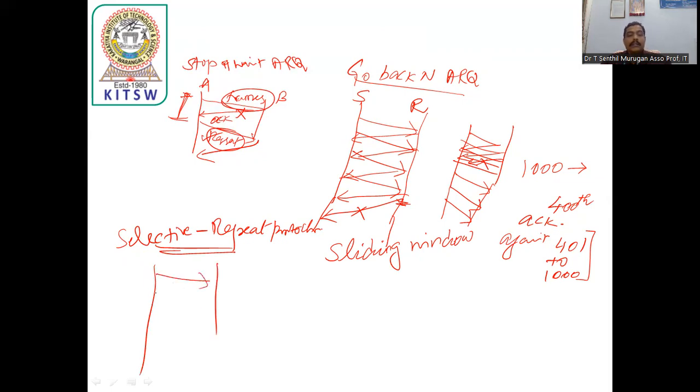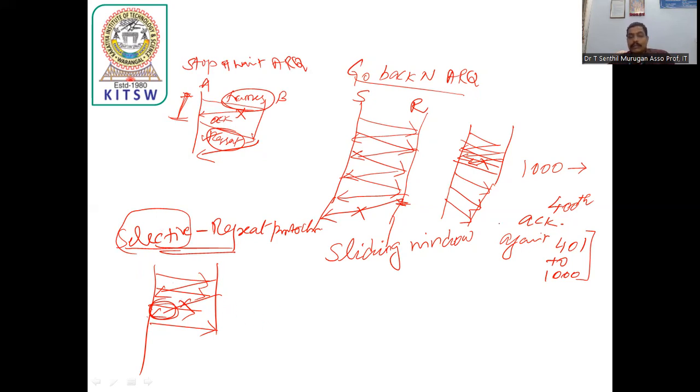It sends the data like go back N, but if any one of the acknowledgements fails, only that particular frame is resent. That means we selectively resend the data for which the acknowledgement was not received. The remaining frames are already there.